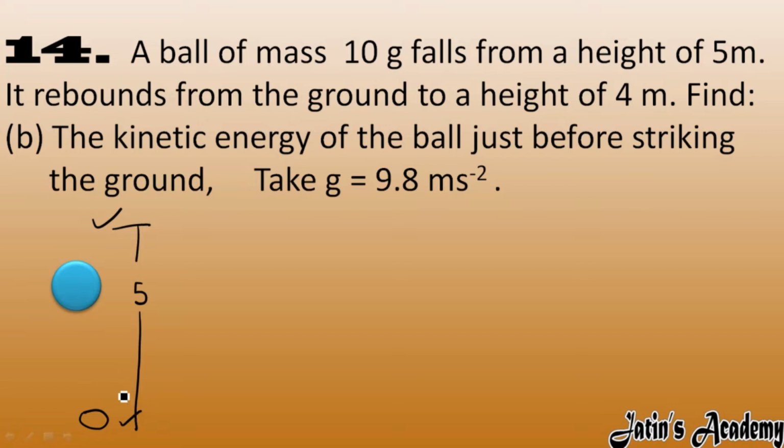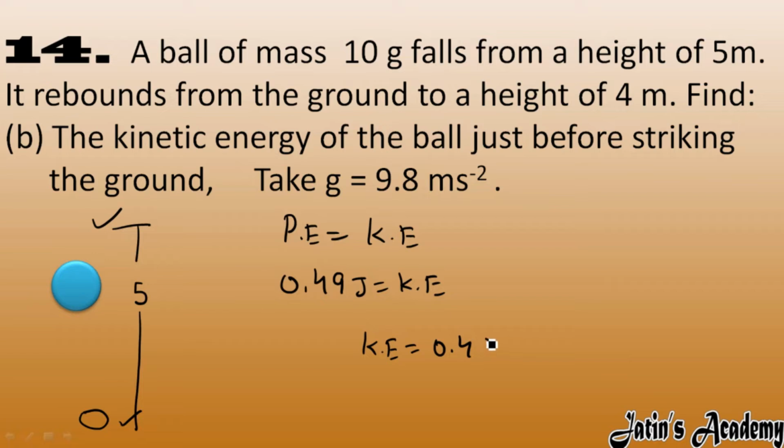Before touching the ground, what is the kinetic energy? So potential energy is completely converted into kinetic energy according to the conservation of energy. So potential energy we have already calculated. At this point we have 0.49 joule. So kinetic energy before striking the ground is same, that is 0.49 joule.